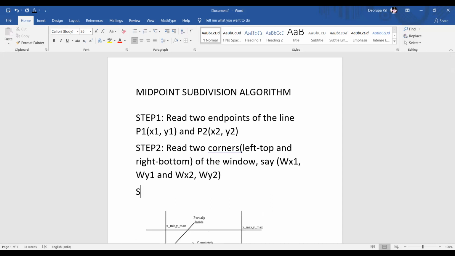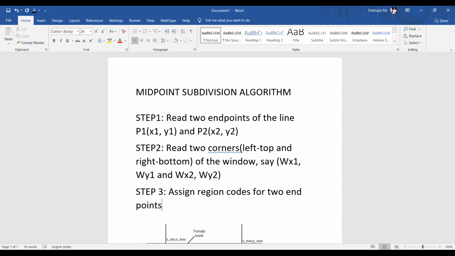Third step. Step 3 is to assign region codes for the two endpoints using the following steps.